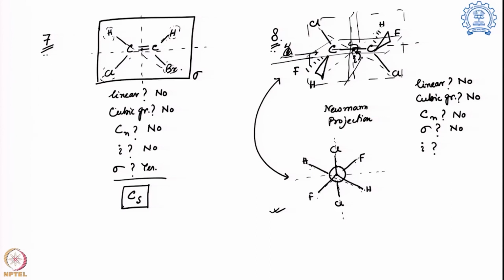So, that is how it is going through, and over there it retains its center of inversion, and the carbon-carbon bond is obviously reflecting onto itself. So, that means yes, it has a center of inversion and the point group will be Ci. So, I would suggest you take a look at this molecule on your own and try to visualize it, and then you can see properly that yes, there is a center of inversion at the midpoint of the CC bond.